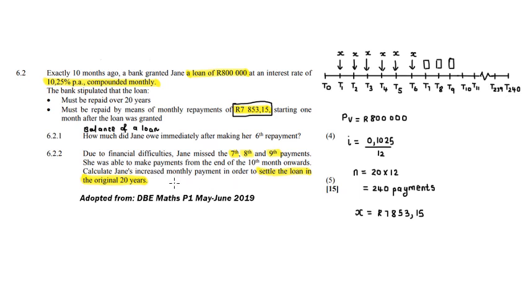But in order to cover this loan, or to settle it within the agreed period of 20 years, she's now increased her monthly installments, the amount she's paying every month. The amount she's putting in here is still an X value, but we need to calculate it. It's going to be much bigger than this one.